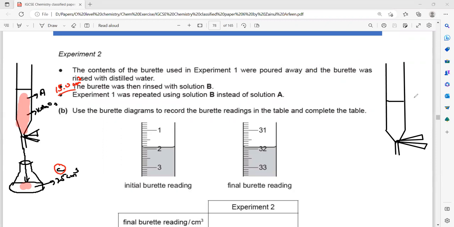So now the burette is filled with B, potassium manganate KMnO4. And in the conical flask, the same amount of C was used, 25 cm cube of C. Then from the burette, B is added until an indicator shows a color change. Use the screen annotation for the burette reading.